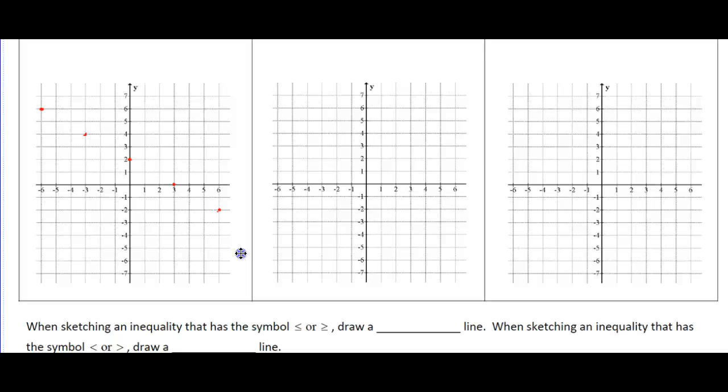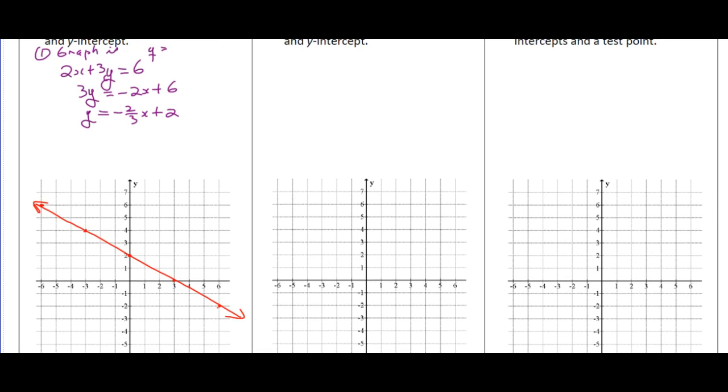To do that, we draw a solid line. This one is less than or equal to. So draw the line as a solid line, extend it through the entire grid, and put arrows on it.